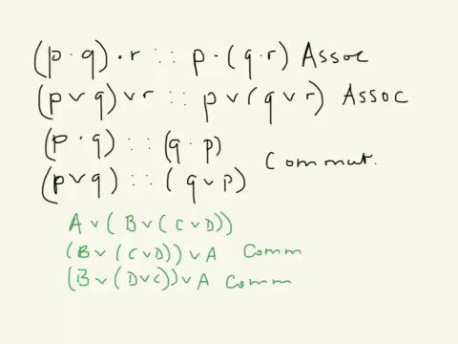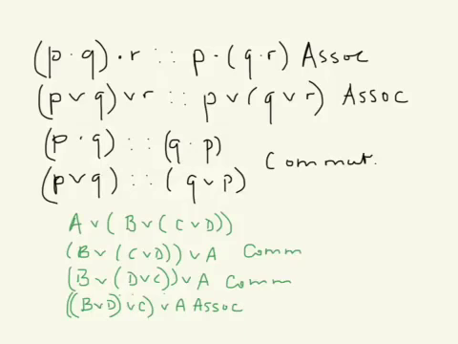And now let's use associativity and move this set of parentheses one to the left to isolate B or D here. That's an application of associativity.